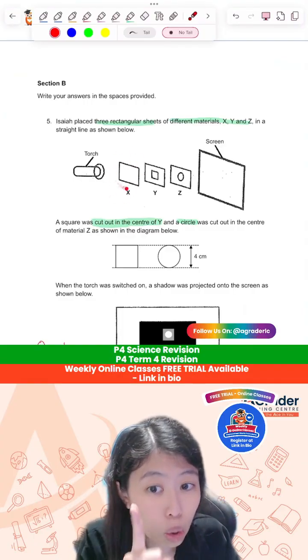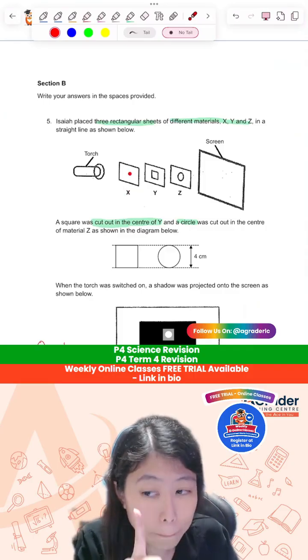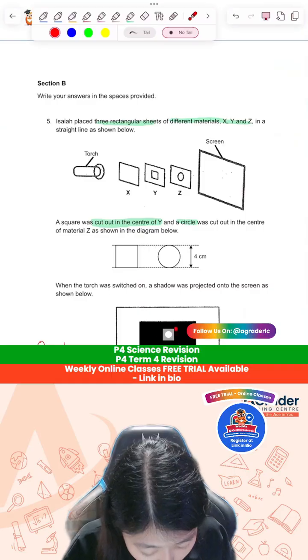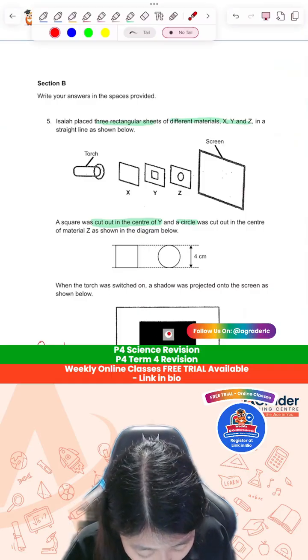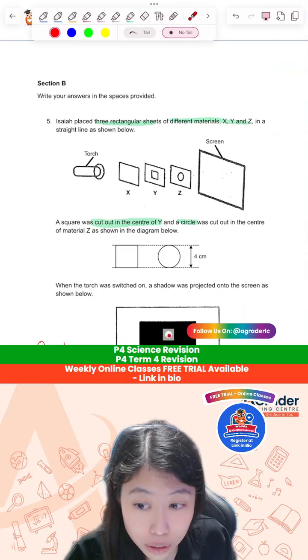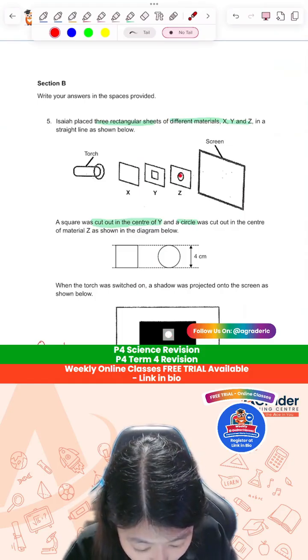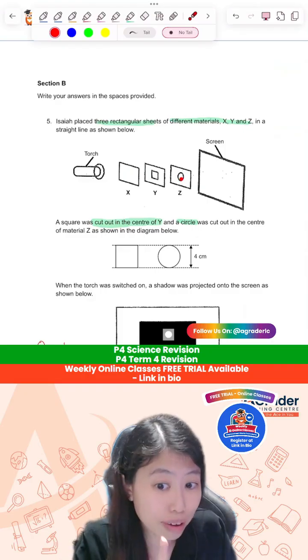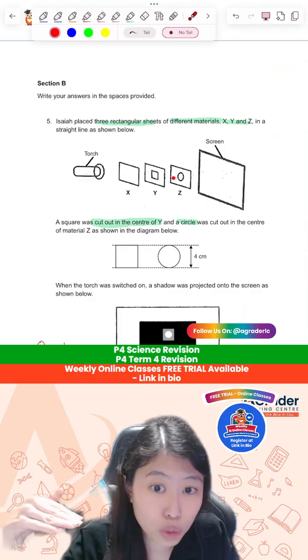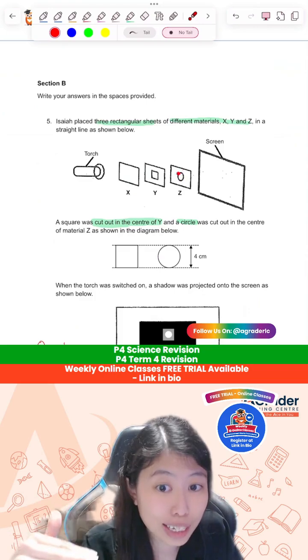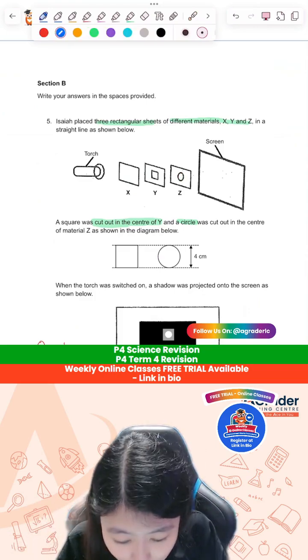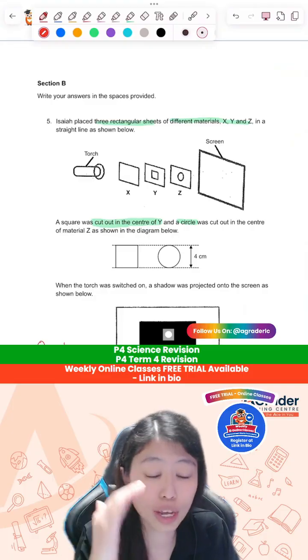There are no holes, right? But if you look at the shadow here, what does it show me? In the middle, there is no shadow at the circle here, which also tells me that light actually went through this circular part. Okay, so basically, try to draw your path of light so you can visualize better.